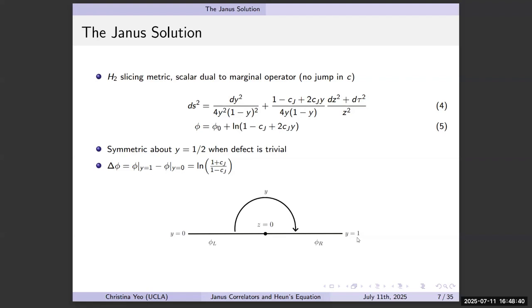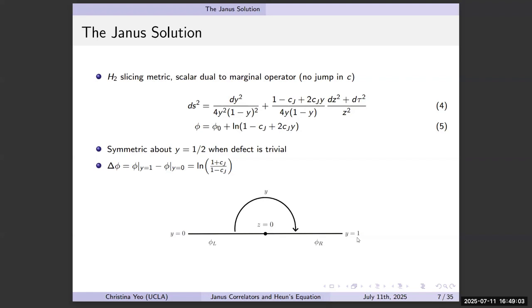The boundary is described by tau, which is not restricted, and also non-zero z. So the boundary is described by Z and tau, but the boundary is at z equal to 0. This is one of the boundaries.